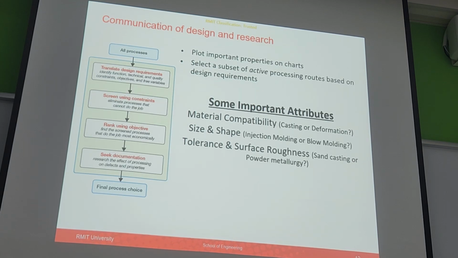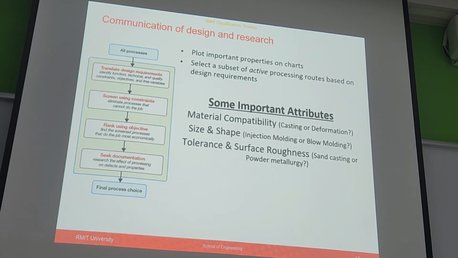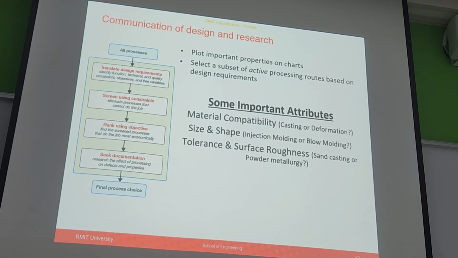For material selection, I just try to bring some ideas and some of the important attributes for the design, specifically, okay, which material we can use, what's the size and shape, and what is the tolerance and surface roughness.